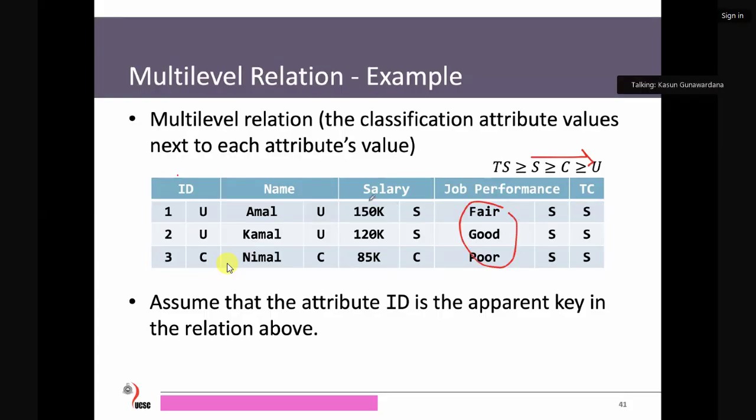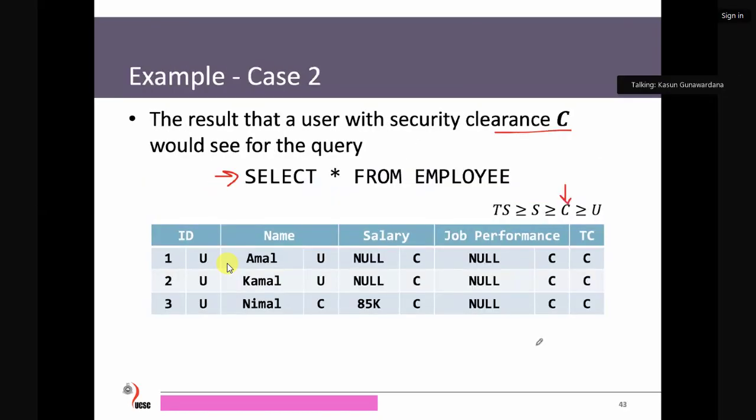So these are secret data, right? Secret data will be hidden from the user because the user is at a lower level, right? So these values will be set to null.